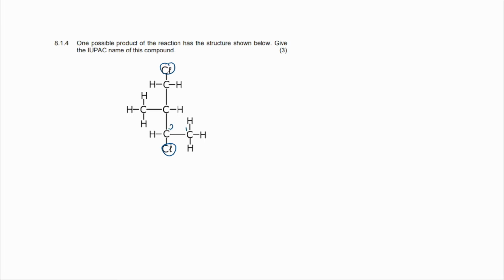If we start on here, 1, 2, 3, 4, then our chlorines are on 2 and 4, which gives us a sum of 6. But if we count the other way, 1, 2, 3, 4, our chlorines are on 1 and 3. 1 plus 3 is 4, and because that's a smaller number, that's our correct numbering over here.